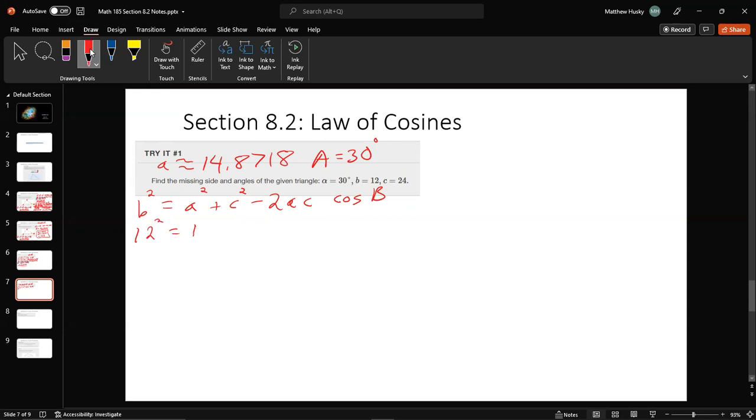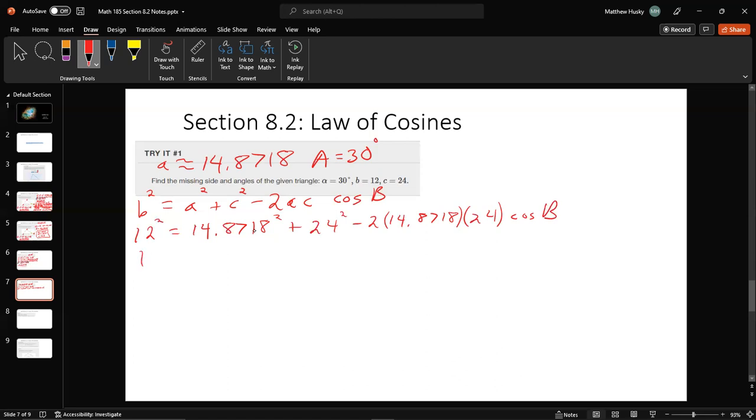We just found little a, that's 14.8718 squared, plus c squared, so plus 24 squared, minus 2 times 14.8718 times 24 times the cosine of big B. We don't happen to know big B, so we're just going to have to leave that as is.